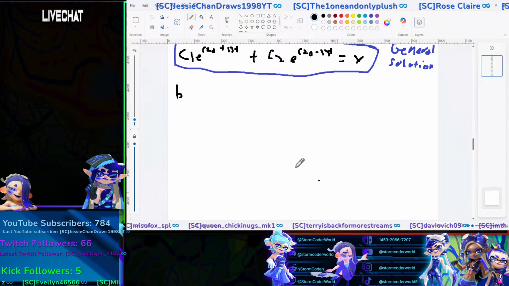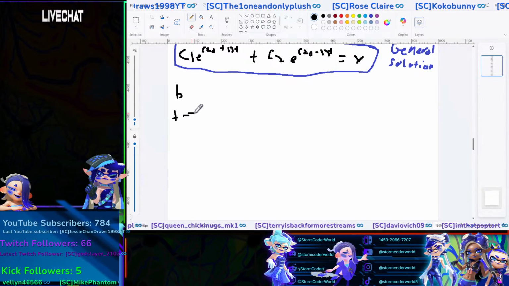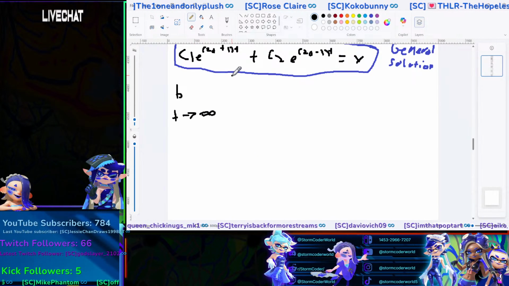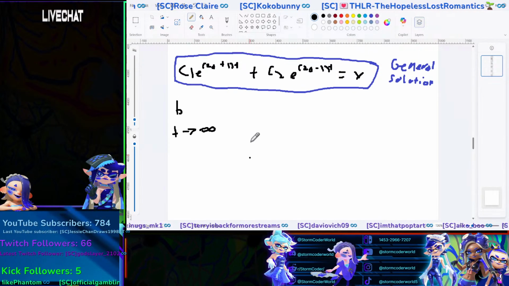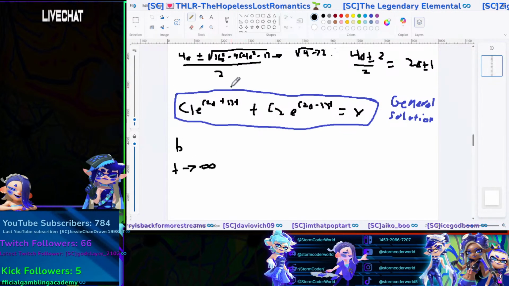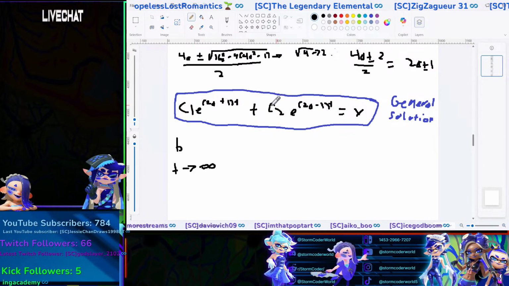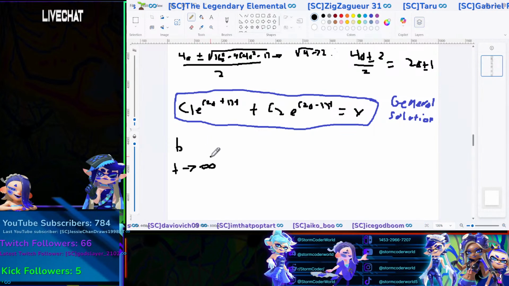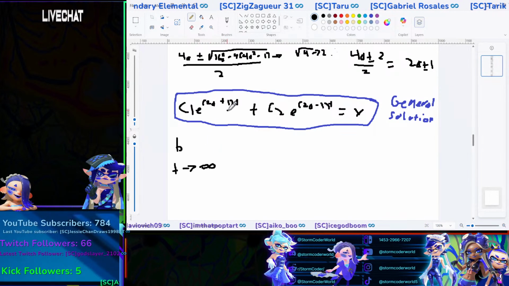So let's get this here. T goes to infinity. We have alpha. The real question here is, what values can I plug in for t? Well, t goes to infinity.